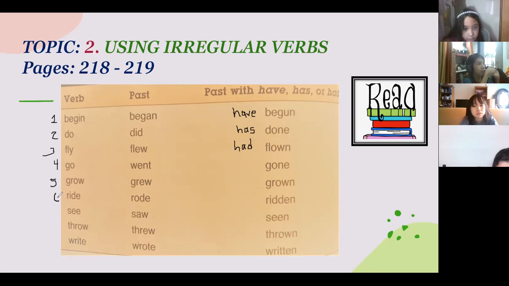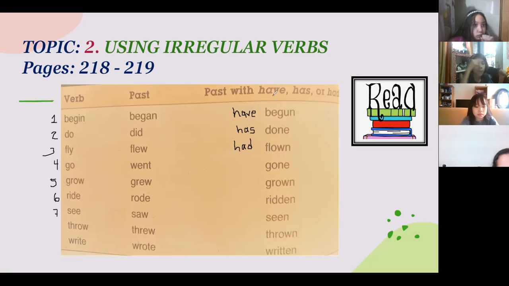What about number 6? Ride. What is the past tense for ride? Rode, and ridden in the past participle. Number 7, we have see, saw, and seen. Look here, we have the past: I saw that, and I have seen.